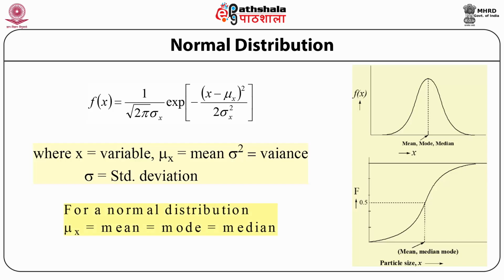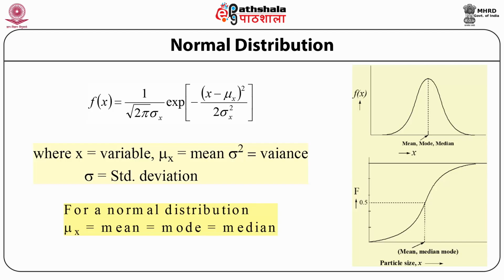A normal distribution is symmetric, and for it the mean, mode and median are all equal. Therefore, mean, that is mu x, is equal to mode is equal to median for the normal distribution.